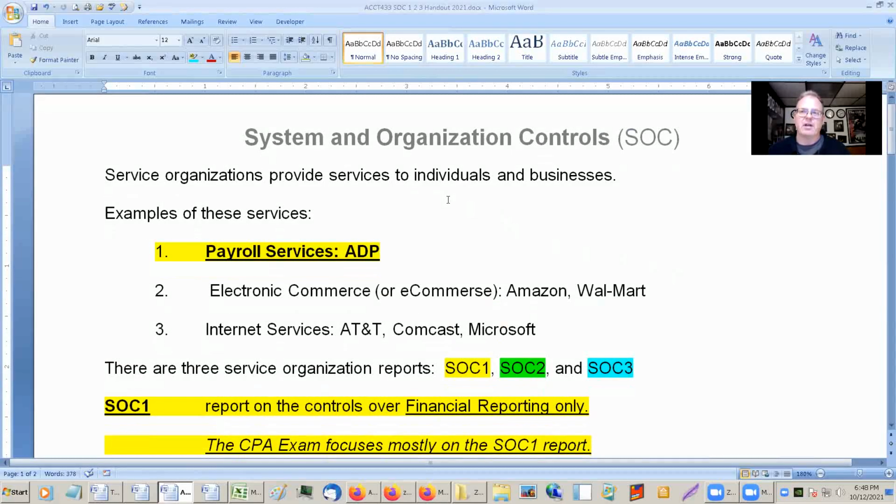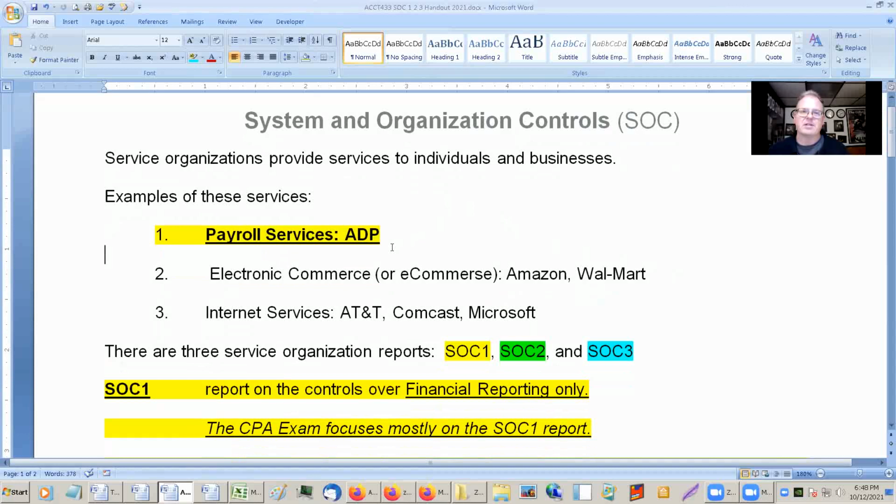I put it along with the cash one because a lot of times payroll has a cash account. Also, things like lockbox services. We talked about the lockbox for cash. Those we'll have to get one of these SOC reports.